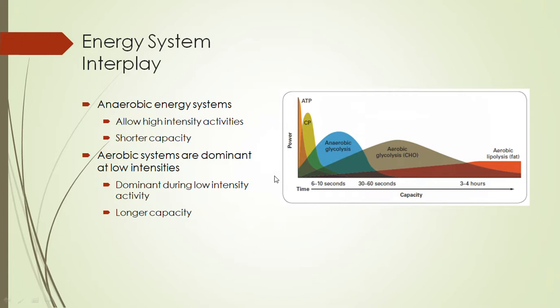One thing to note is that we're not producing energy from one system at a time. All these systems are actually used all the time, but different systems are dominant at different times. That's why we call it energy system interplay.